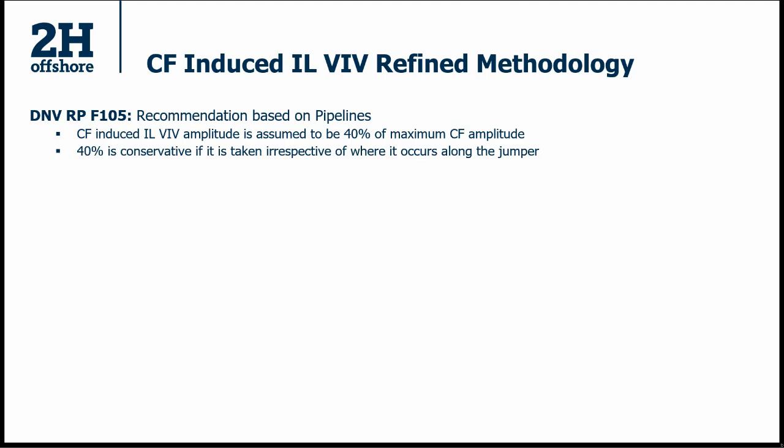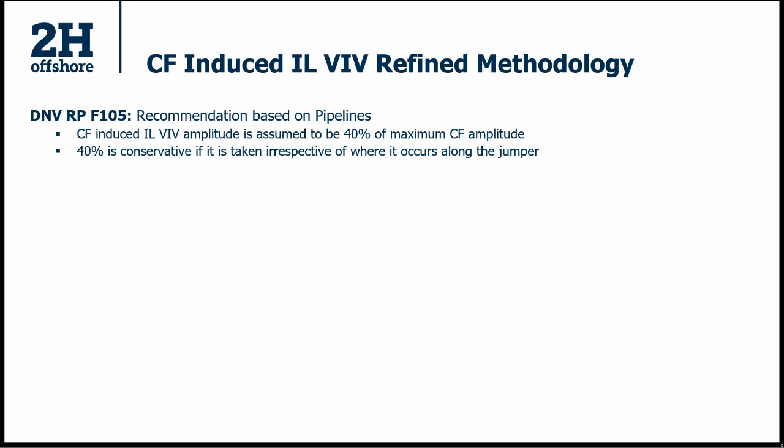Another learning that I want everyone to take away from this was the modification that we implemented for cross-flow induced inline VIV. The analysis was done using RP F105. However, it should be noted that this code is applicable to pipelines. As per the code recommendation, you're supposed to use 40% of your maximum cross-flow amplitude, apply that 40% to an inline mode, and calculate your fatigue damage for your cross-flow induced inline mode.